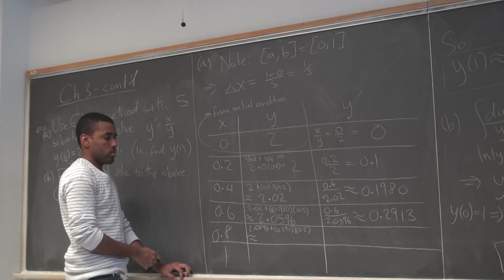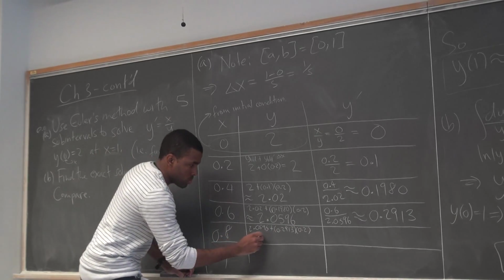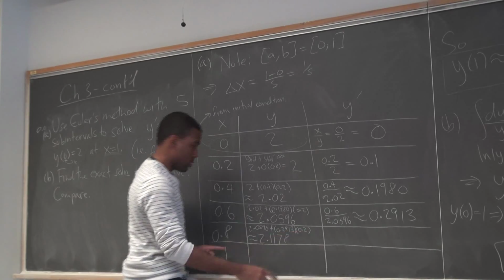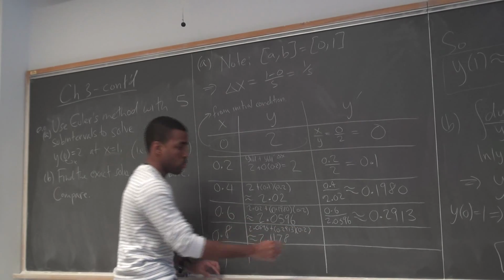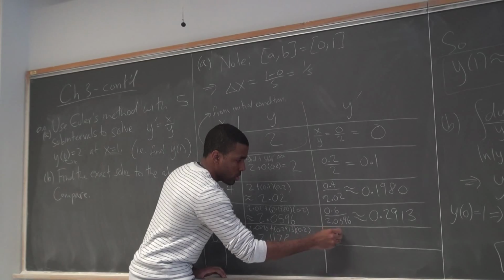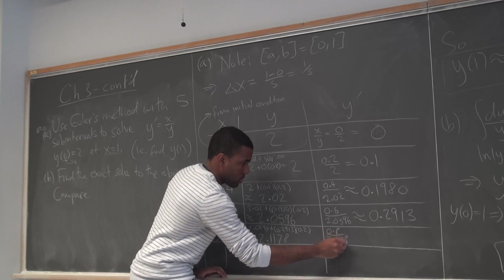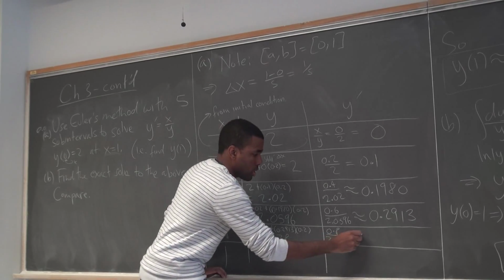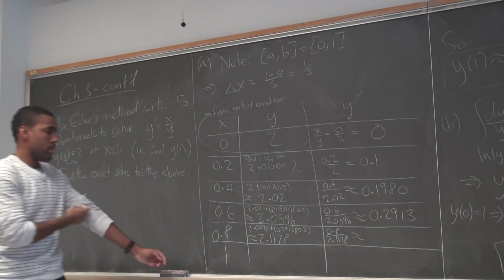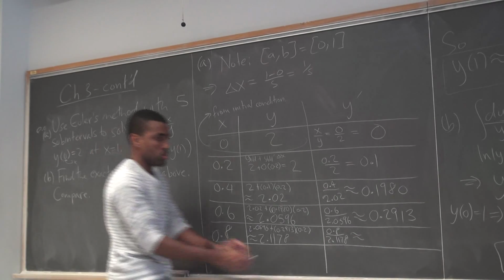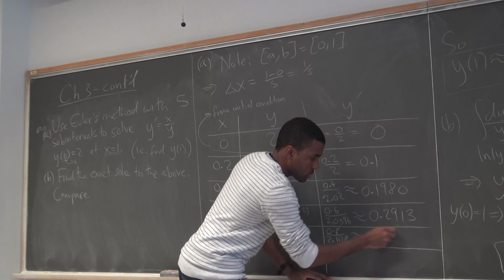That's roughly 2.1178. This one is just going to be the x divided by the y, because that's the formula. Which is 0.8 divided by 2.1178, which is 0.3777.